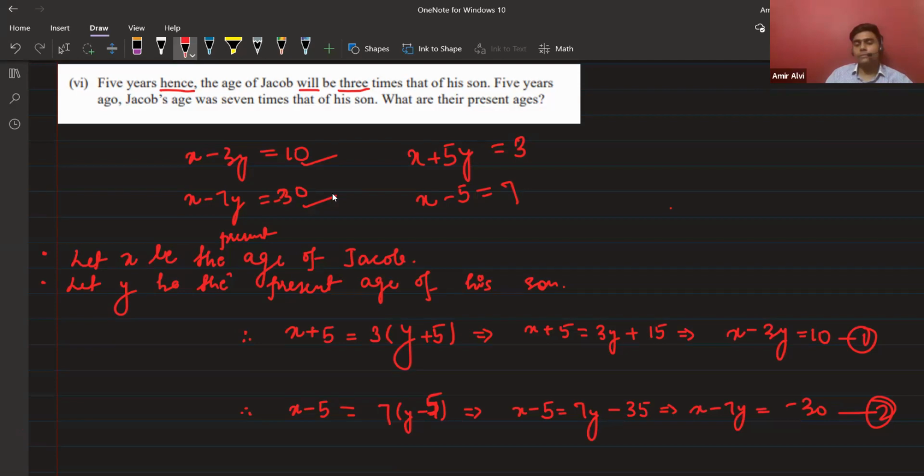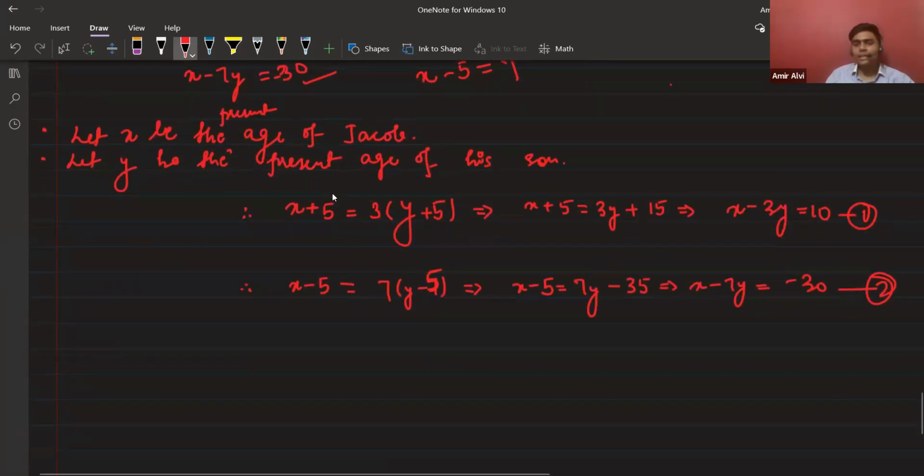No need to panic that I'm not getting the equation. When you practice a little bit, you will get the equation as well, and even the answer, like in the previous question where you got the answer correct. You just need a little bit of practice, and after that you will be able to solve all the questions. Is this clear? Yes, sir.